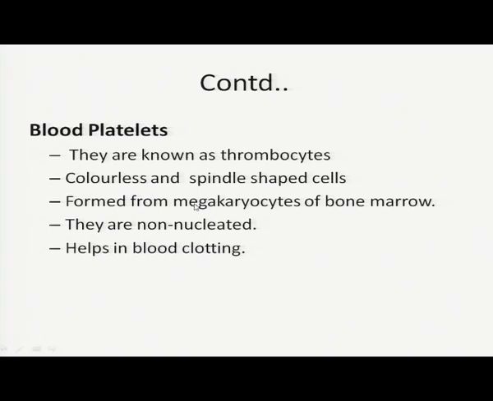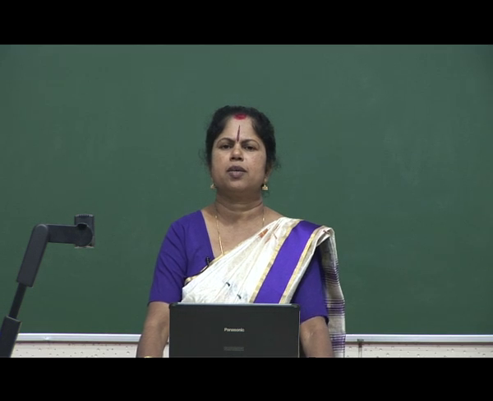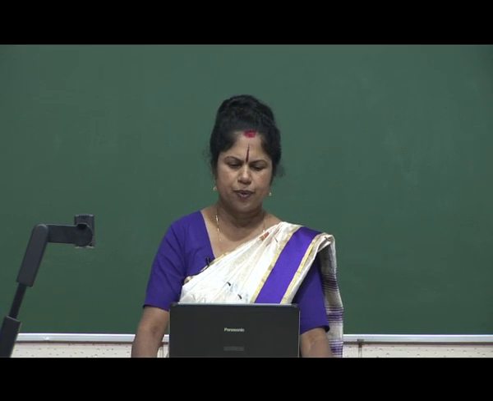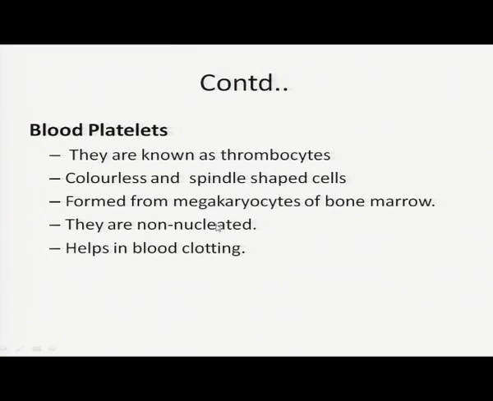You know, mega means large, and it possesses a large nucleus. So, this is a large cell present in the bone marrow. One megakaryocyte on division produces 1000 platelets. They are non-nucleated, without any nucleus, and they help in blood clotting during injuries and prevent profuse bleeding.